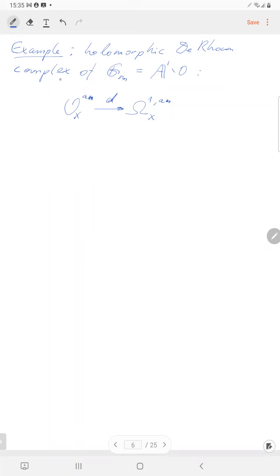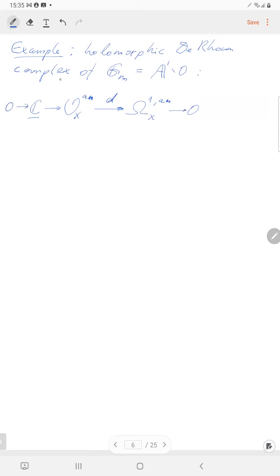So I claim that at the level of sheaves, this is a surjection, and there is some kernel, and this kernel only consists of constant functions. And since we're speaking of holomorphic, then certainly the base field is complex numbers, so now I am legally allowed to write C instead of K.